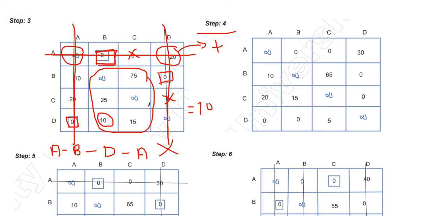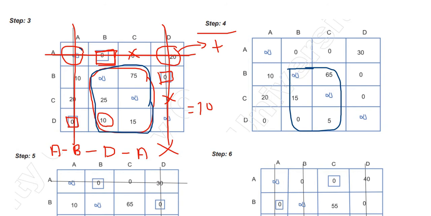We will subtract 10 from the non-crossed over or non-lined elements, which I have written here: 75 minus 10, which is 65, infinity minus infinity will be the same, so we won't touch that. 25 minus 10, 15, 10 minus 10 is 0, and 15 minus 10 is 5.